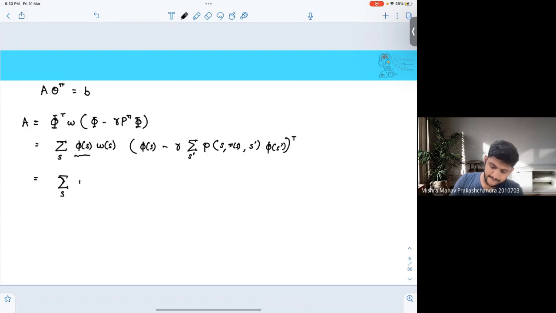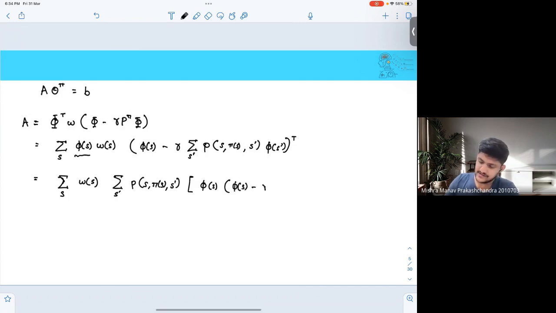So I take the sum over all s, s prime, P pi (s, s prime), times phi(s) times phi(s) minus gamma times phi(s prime), the whole transpose.